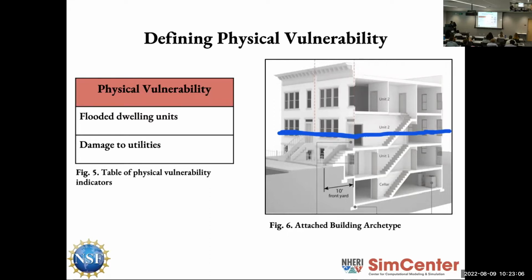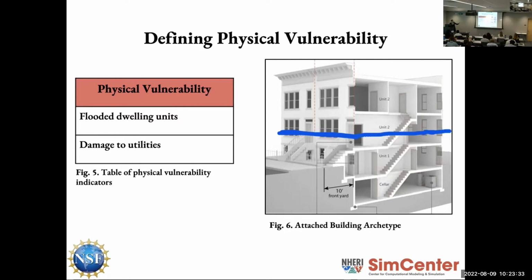All right, right there. Those are utilities for heat and electricity, which are stored right in the basements in most buildings in Brooklyn. When there's storm surge, the first thing that floods are these basements. And so people, especially in Hurricane Sandy, were without heat and power for quite a few days. And then also, at least for this attached structure, you can see that Unit 1 is also below ground level.